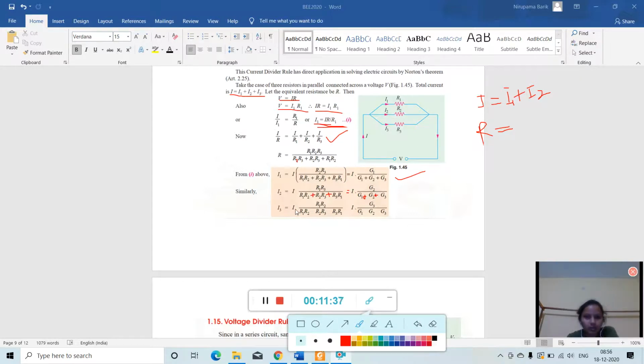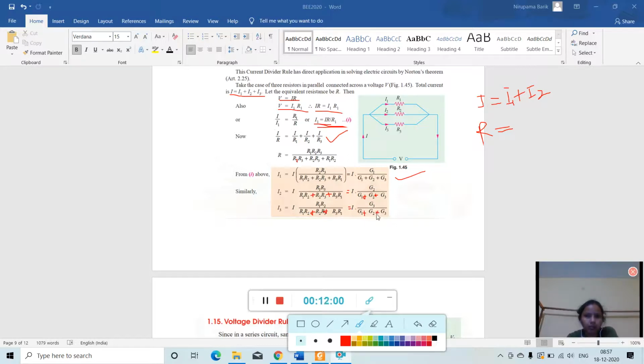Likewise, I3 is equal to I into the product of the opposite resistances R1 and R2. So R1 R2 by R1 R2 plus R2 R3 plus R3 R1 is equal to I into G3 divided by G1 plus G2 plus G3.